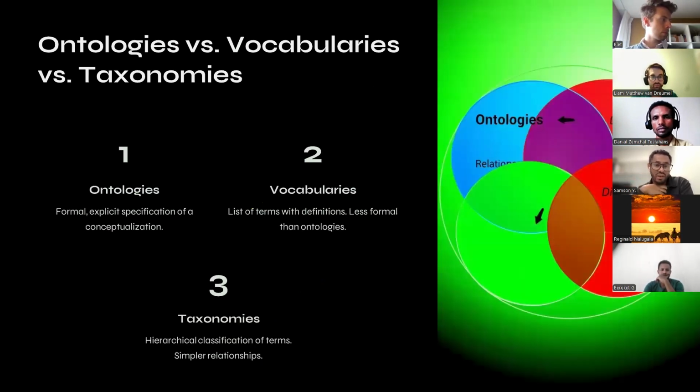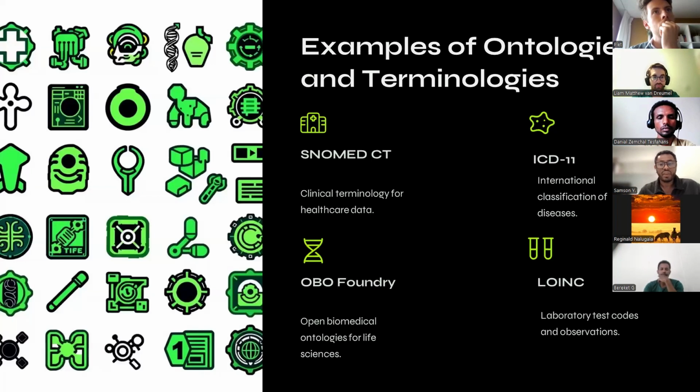So, ontologies, vocabularies, and taxonomies. An ontology is a formal, explicit specification of a conceptualization, whereas vocabularies are lists of terms with definitions. They are less formal than ontologies, and a taxonomy is a hierarchical classification of terms with simpler relationships among the different terms.